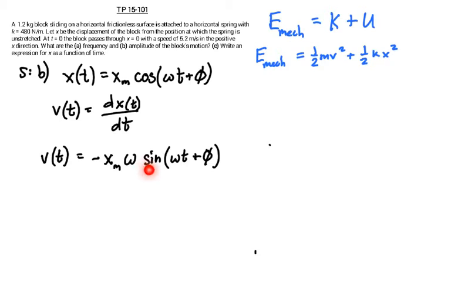So at this point, if we have a maximum speed, then we must have a maximum here as well. And it just so happens that if we have a positive value but we have a negative in front, then this sine of omega t plus phi must be equal to -1.